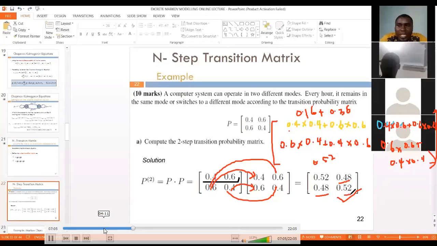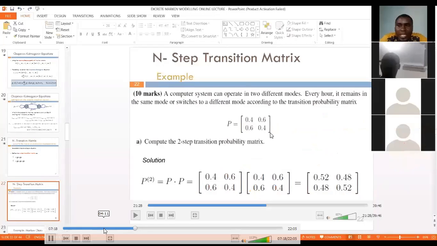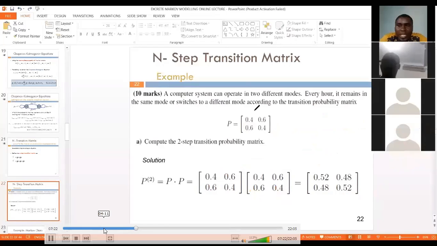Okay, so once you've multiplied the matrix twice, based on the Kolmogorov-Chapman theory, this essentially gives us the probability of transition from states. So if you look at this, let's go back to the question. It says a computer operates in 2 different modes.